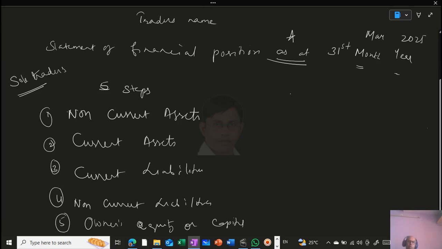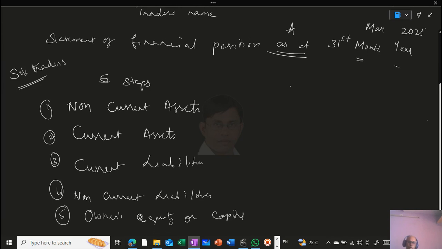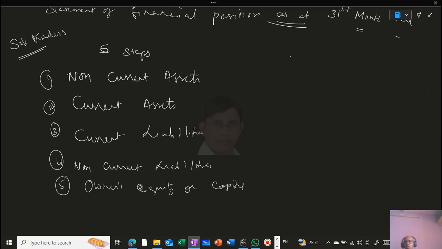So what are we supposed to do? Non-current assets. What will come in non-current assets? Non-current means those assets which never change. Normally they don't change during the course of business.